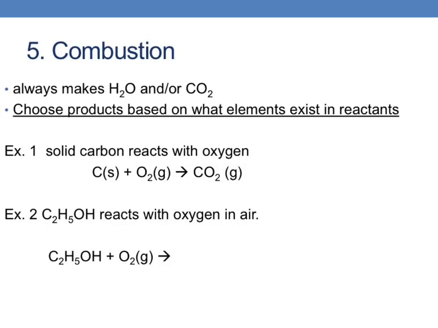Combustion. And what does combustion produce? CO2 and H2O. There's a C present, so CO2 has to be made. There's a hydrogen present, so water has to be made. And then you go back and you have to balance it. These are the ones that are always a little doozy to balance.